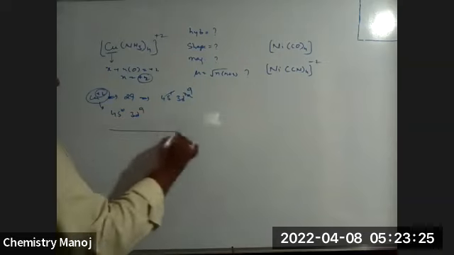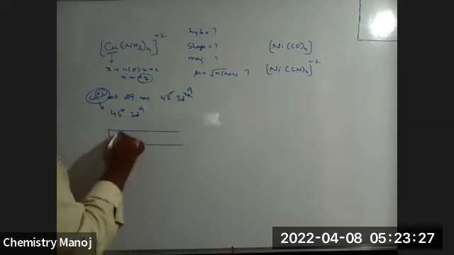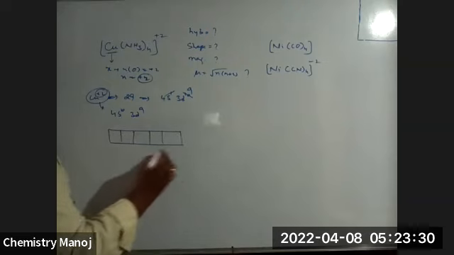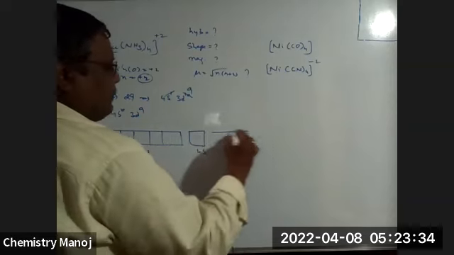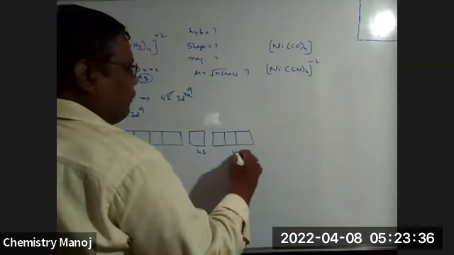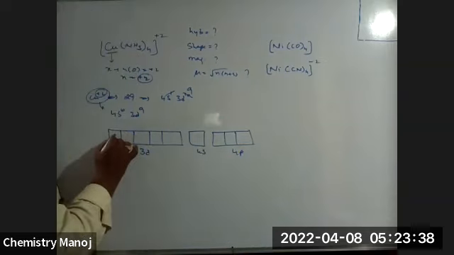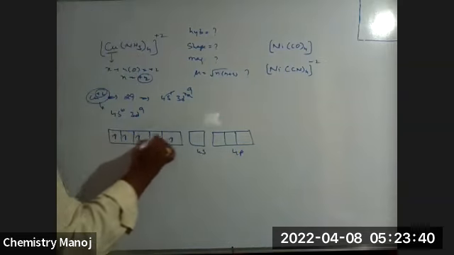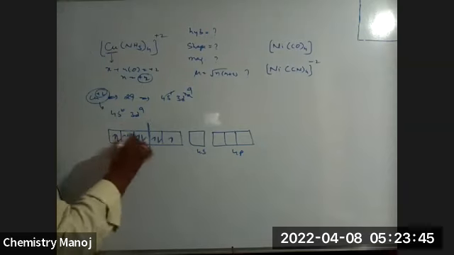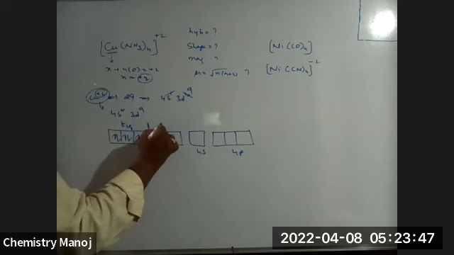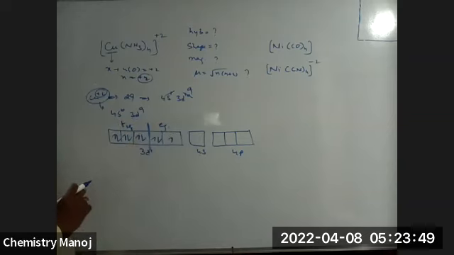I'm writing 3d, 4s, 4p. 3d9: 1, 2, 3, 4, 5, 6, 7, 8, 9. So these are t2g orbitals, these are eg orbitals, 3 orbitals and 2 orbitals.